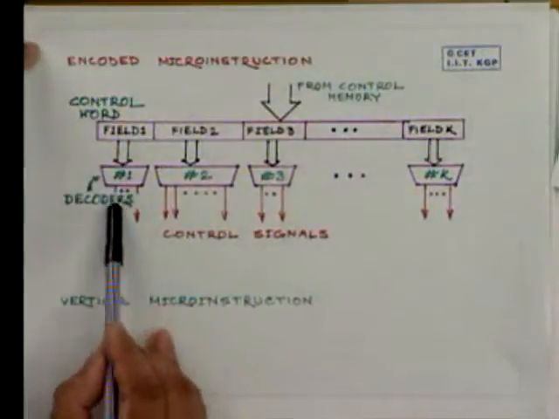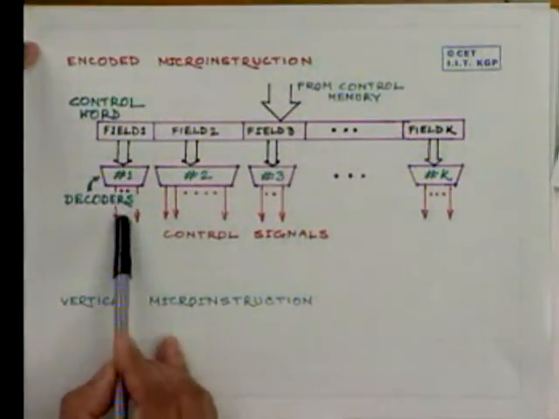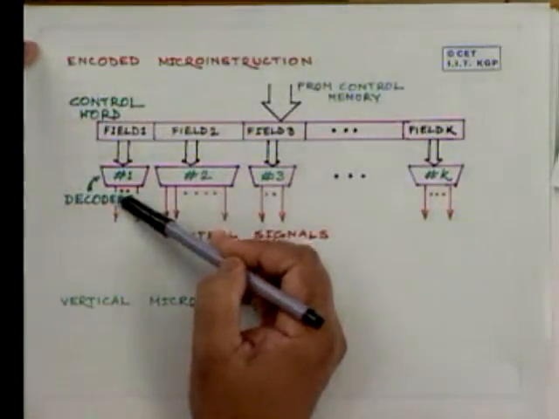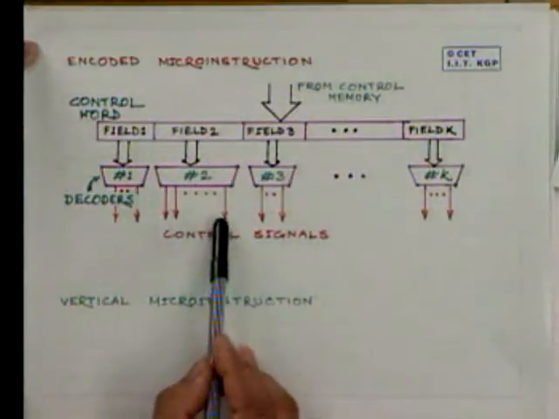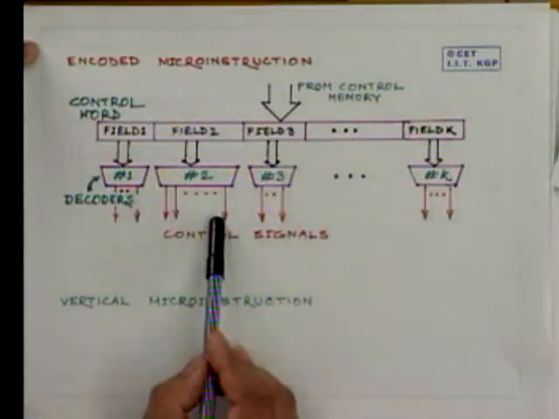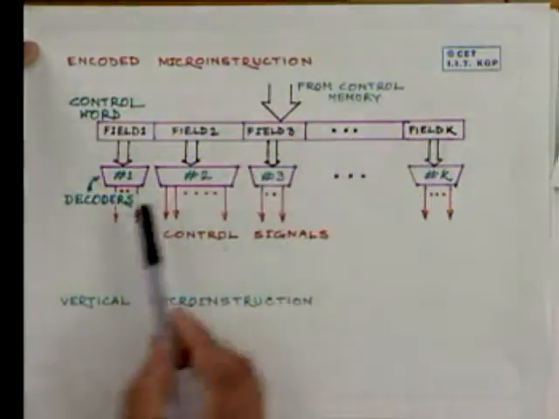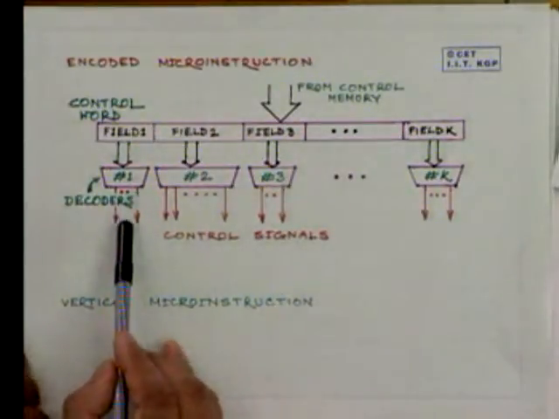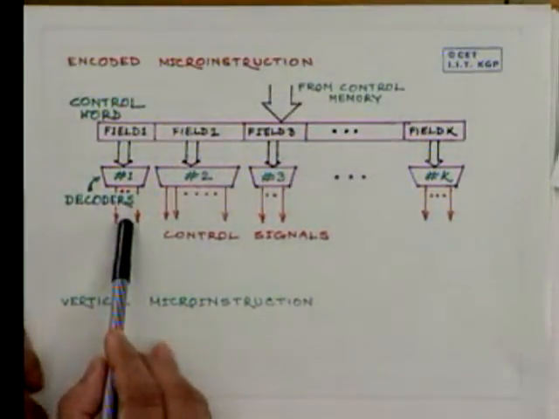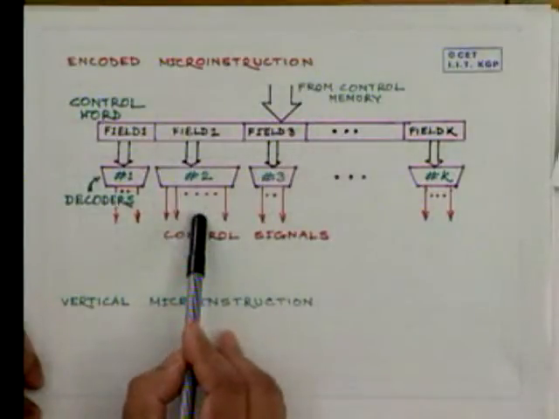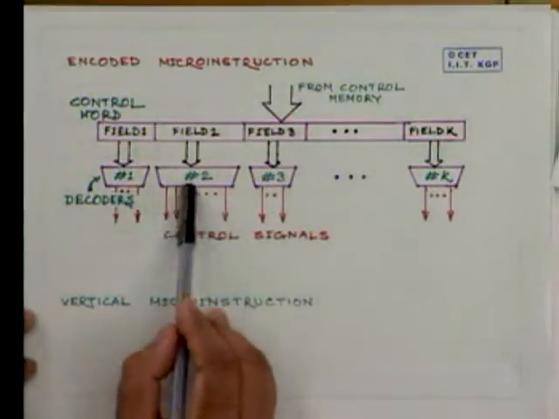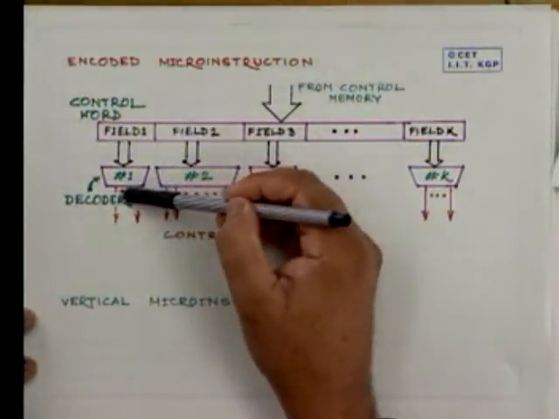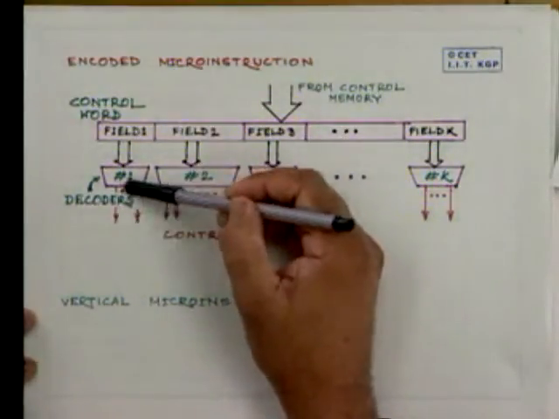All the control points encoded by field 1 are mutually exclusive. So are all the control points from field 2. But any control point in field 1 can be operated simultaneously with any control point in field 2. They can be executed at the same time, but control points within the same field must be executed at mutually exclusive times.